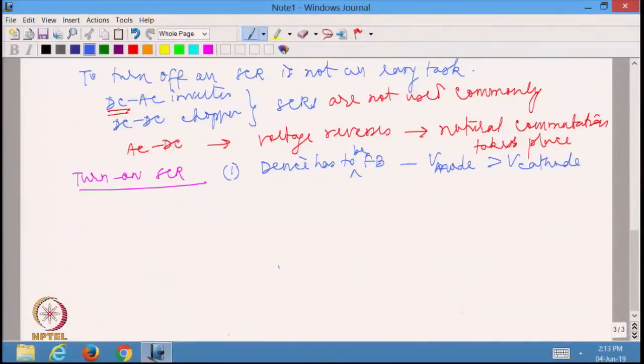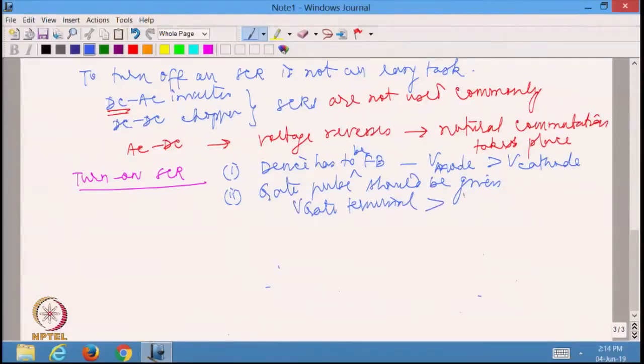The second condition is that a gate pulse should be given, which means the gate terminal is at a higher potential as compared to the cathode potential.